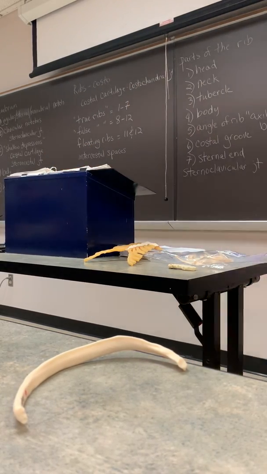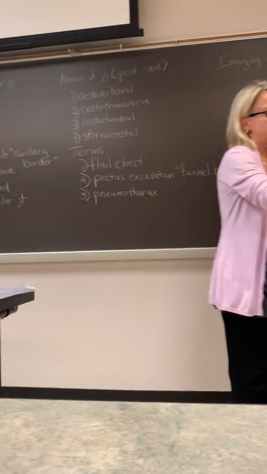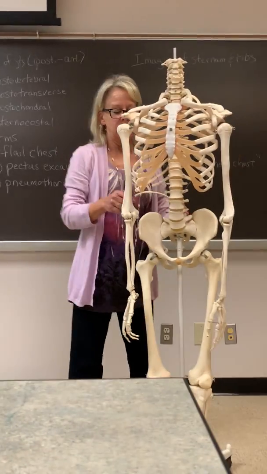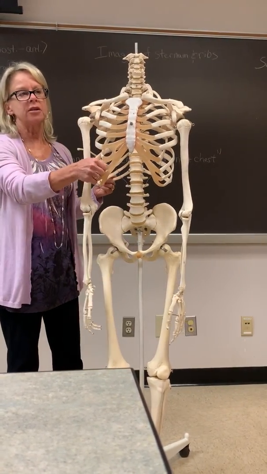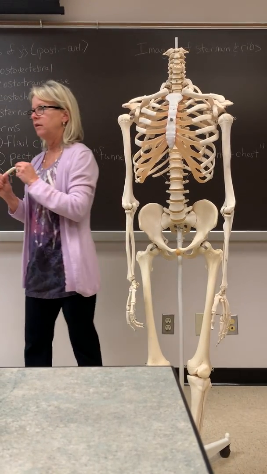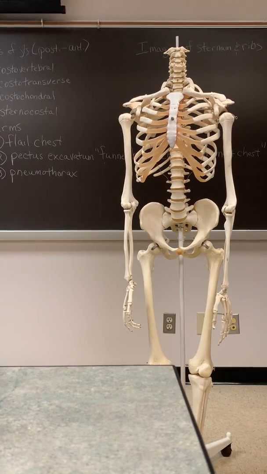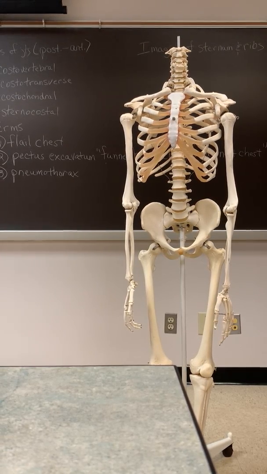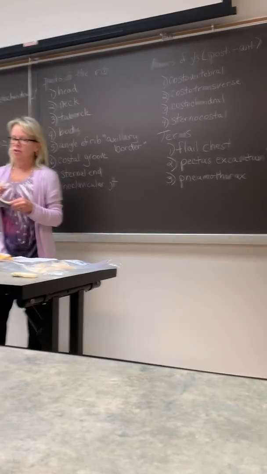Okay, at the anterior aspect of every rib, even though this one doesn't have it on 11 and 12, there's a piece of cartilage. So every rib at the anterior aspect of it has a piece of cartilage on it. And that's known as the costal cartilage.